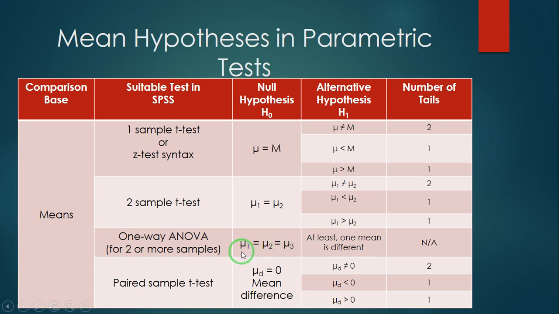So for example, it's mu1 equals mu2 equals mu3. And the alternative hypothesis, which causes the rejection of null hypothesis, is when at least one mean is different. So even if one of these means is different from the others, then the null hypothesis will be rejected. And we don't have any discussion on tails here.